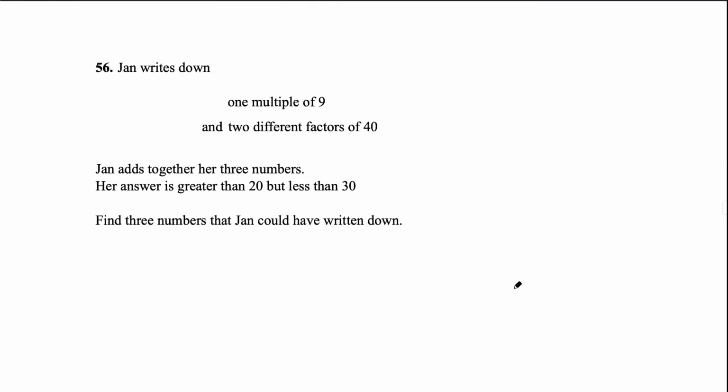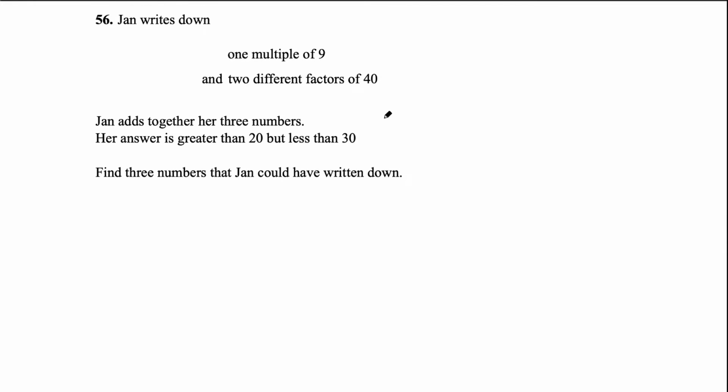All right, question 56 says Jan writes down 1 multiple of 9 and 2 different factors of 40. Jan adds together her 3 numbers. Her answer is greater than 20 but less than 30. Find 3 numbers that Jan could have written down. All right, so multiples of 9. That's 9, 18, 27, 36, 45.